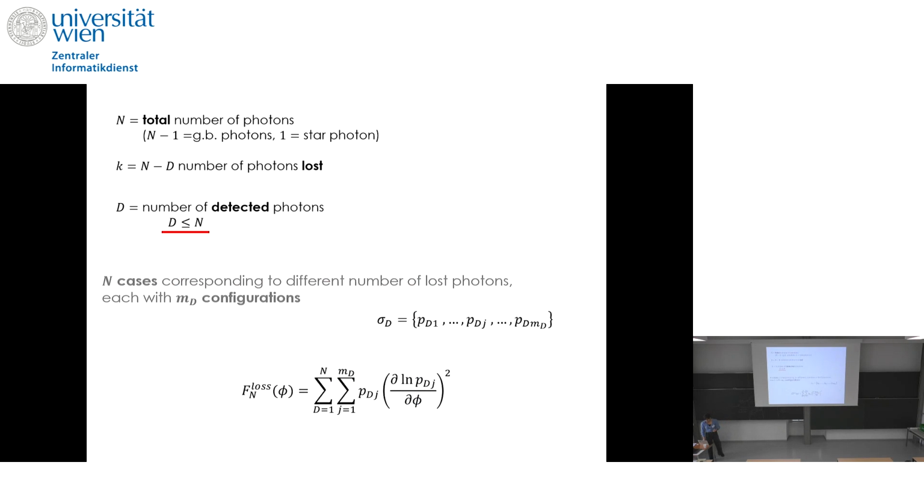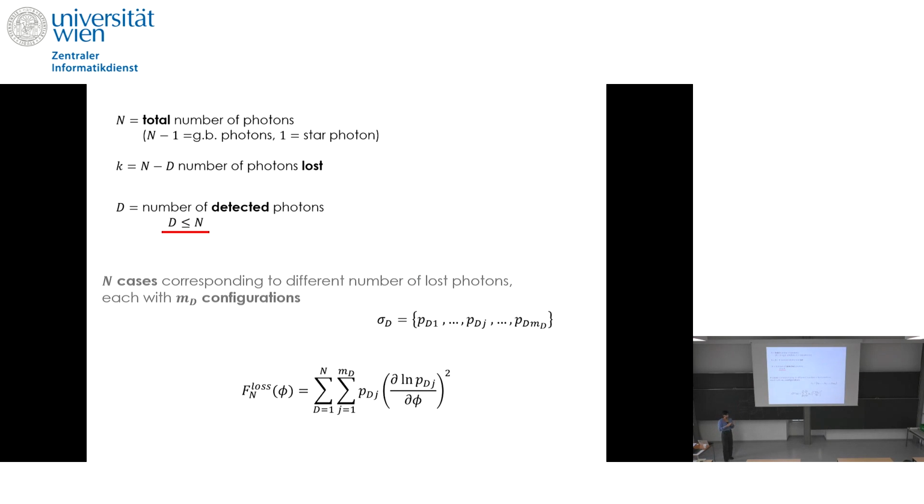So now you are in a situation where you have n photons, but only one comes from the star. You can lose some of them. So the number of detected photons now is not n anymore, but it's d.